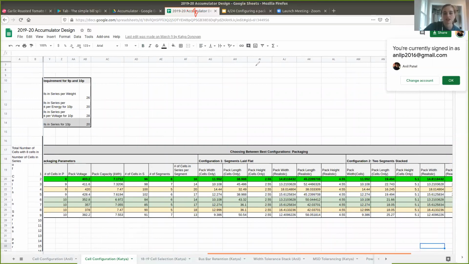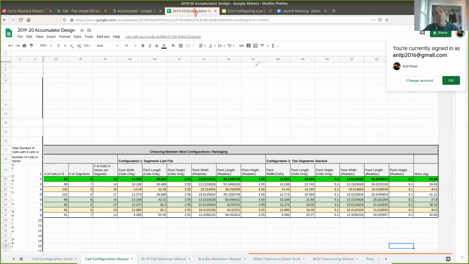Then we take the best 3 or 4 or 5 and look at how we could package them, and see how much space they might take in the car. We use SolidWorks to figure out the dimensions of our pack, and that's how we decide between the top 3 or top 4.